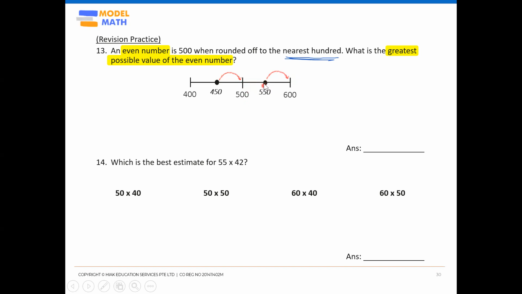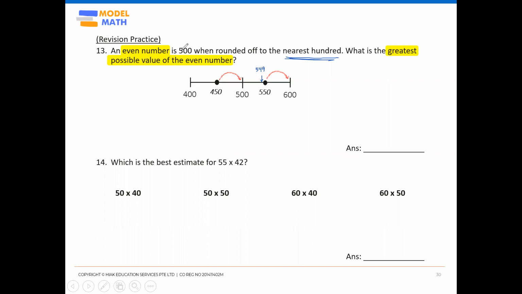But that number lesser than 550 must be as big as possible, which in this case should be somewhere right before the dot. I hope you can tell that will be one lesser than 550, and that will be 549. So 549 will be the greatest possible value that rounds down to 500.